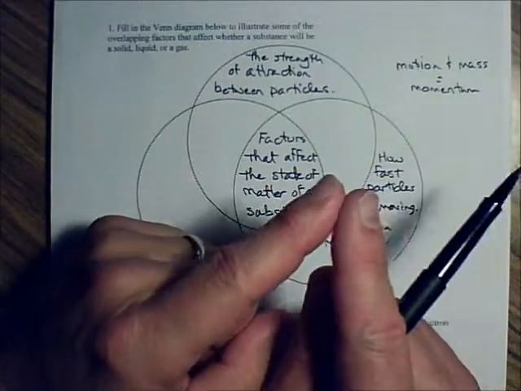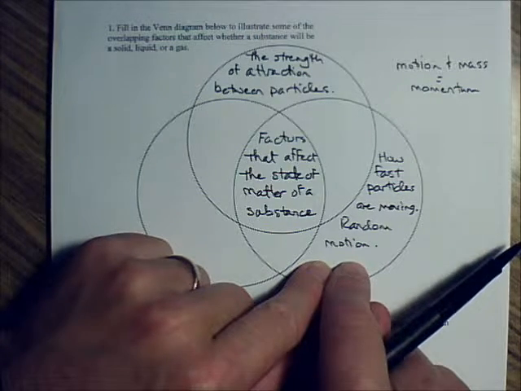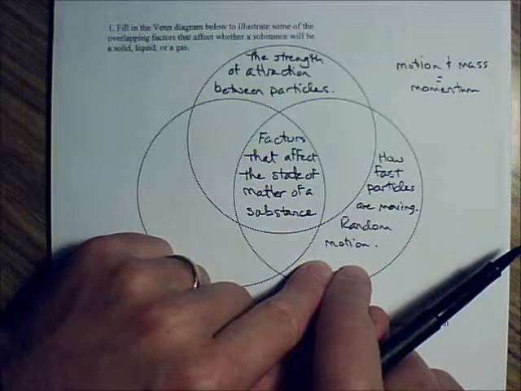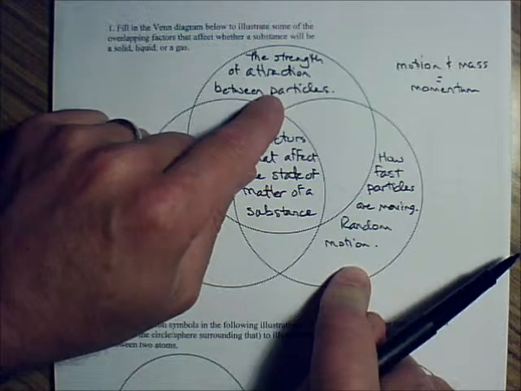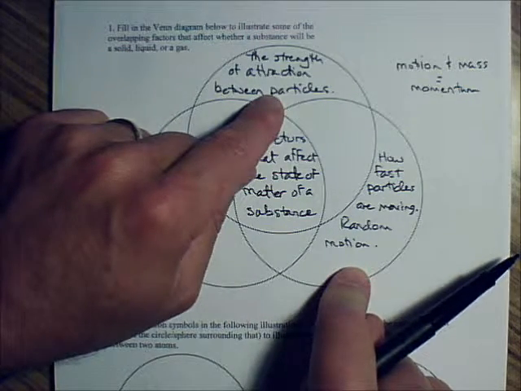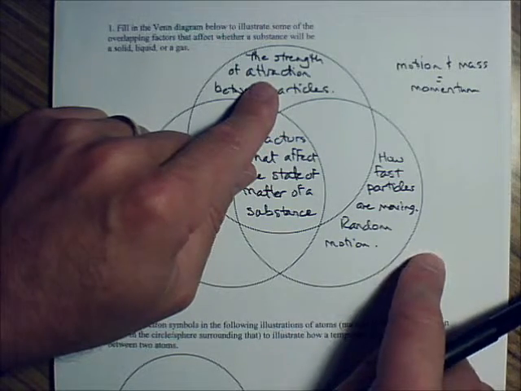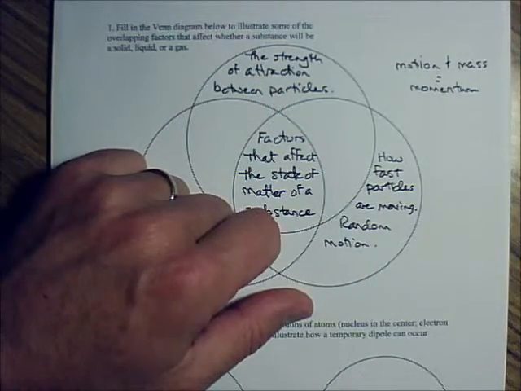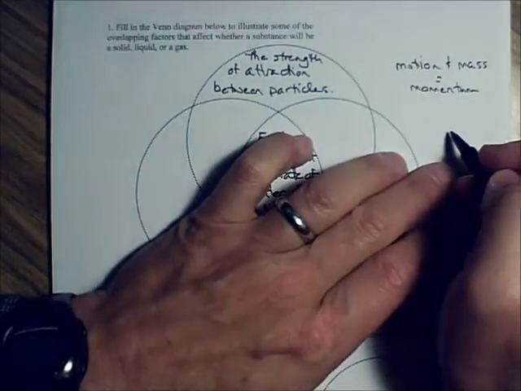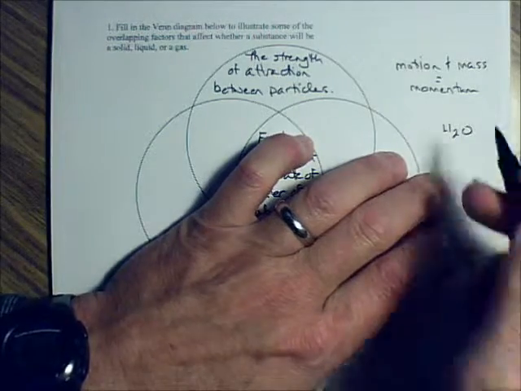So particles that have the same random motion, the same momentum, but the strength of attraction is different, one can be a liquid and one can be a solid, or one can be a gas and one can be a liquid, all based on the strength of attraction. A good example is water and methane.